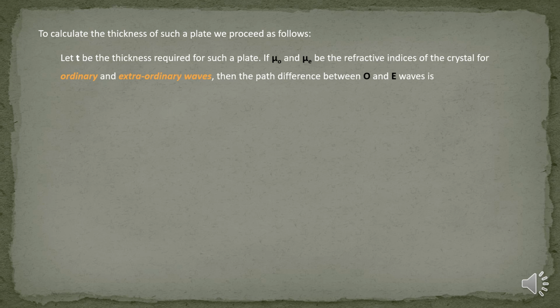for ordinary and extraordinary waves, then the path difference between O and E waves is mu O t minus mu E t, equal to (mu O minus mu E) into t.